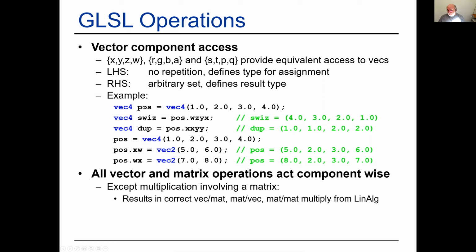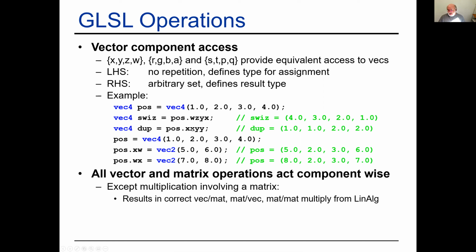So, for instance, here we create a 4 vector, 1, 2, 3, 4, and then you could create a new one and assign to it the value of pos, but now you can specify what should be the order of that. So you take the values of pos, but you change the order. You say, I want first W, then Z, then Y, then X. And so this vector swiss then has the value 4, 3, 2, 1 in this case.